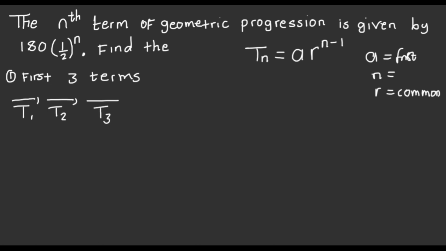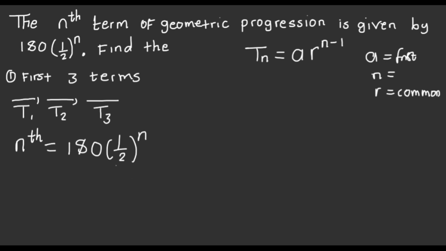Now, if you look at this formula and what you are given here, we have some similarity, though it's not exactly the same. We have been given this formula where the nth term is given by 180 multiplied by half raised to the power n.